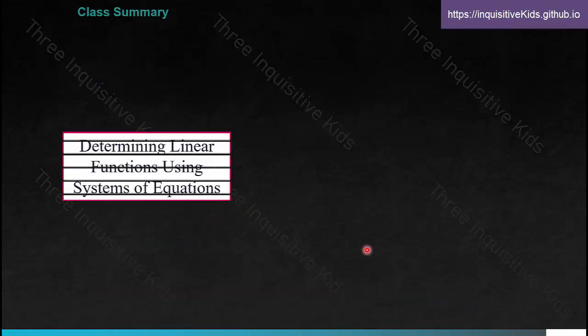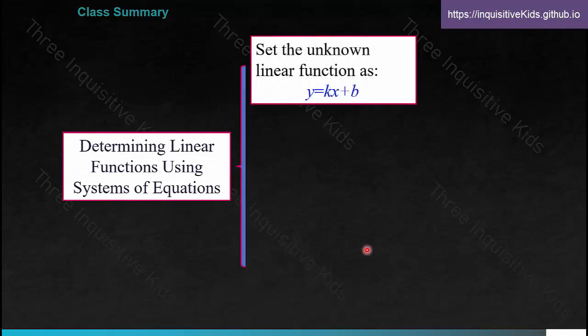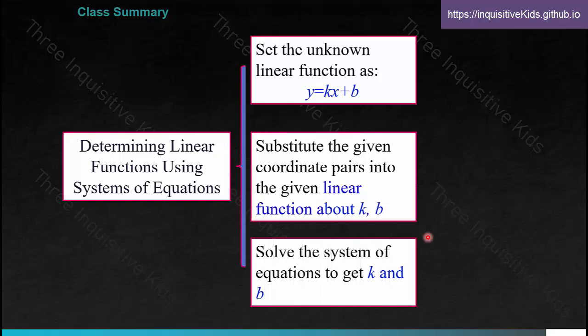Class summary. We learned all about determining linear functions using systems of equations. First, we set the unknown linear function as y is equal to kx plus b. Then we substitute the given coordinate pairs in the problem into this linear function, getting equations about k and b.